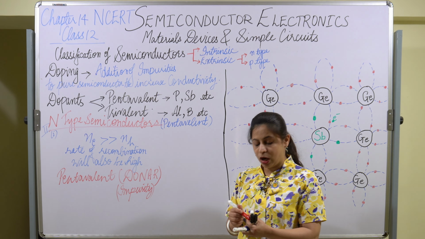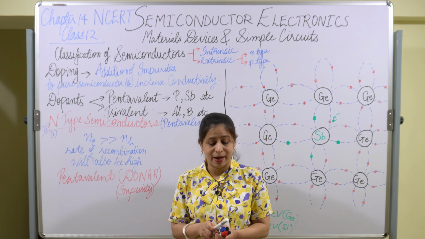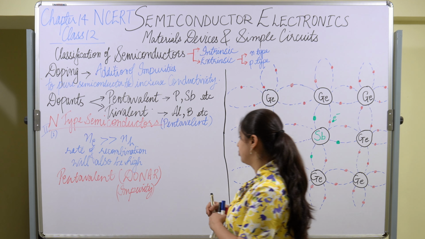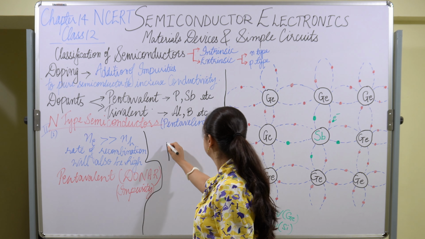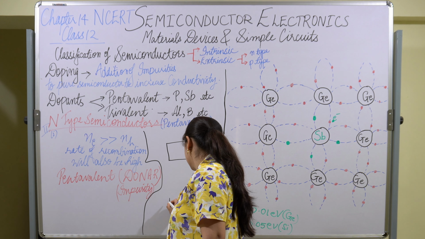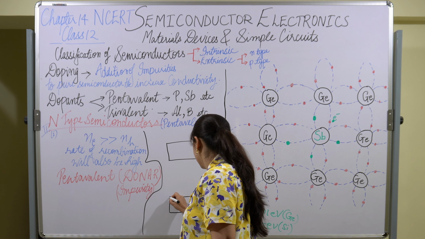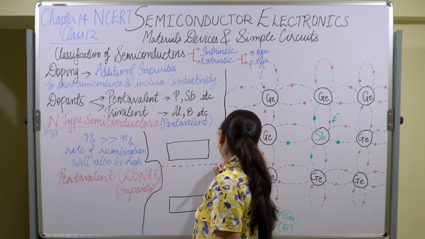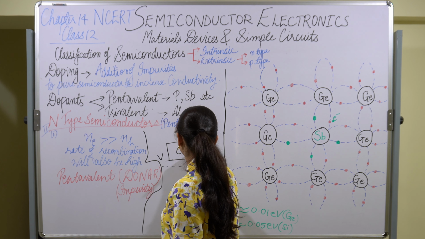Okay, so let us see now how the band formation takes place, the valence band and the conduction band, in the case of extrinsic type semiconductors. So let us draw the bands. This is the conduction band.